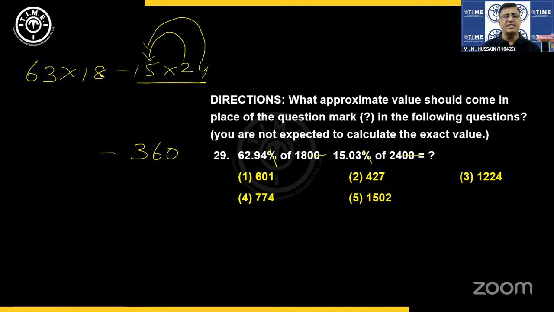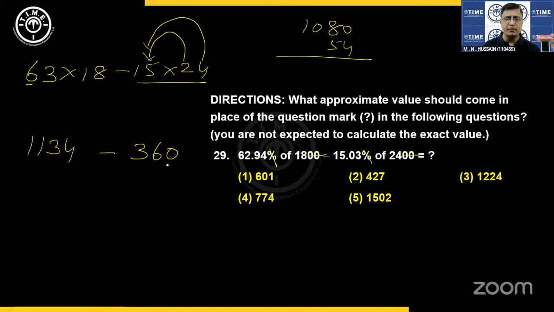Now look at the other side. 6 into 18. 6 into 18, 1080. 6 means 60. 3 times of 18, that is 54. Now the value is 1134. 1134 minus 360. 34 and 60. What is the difference here? 26.